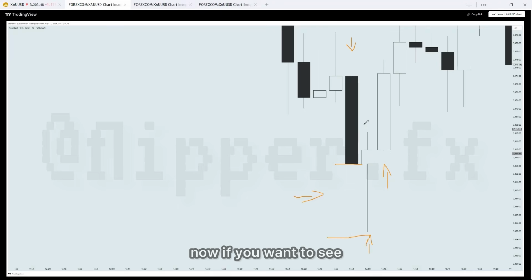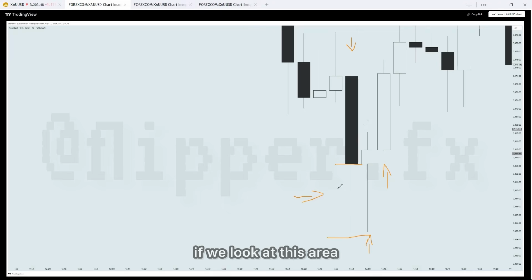If you want to see how strong a seller or a buyer is in any area, then you should look at the wicks forming in that area, how the market is closing the candles and how the wicks are forming.